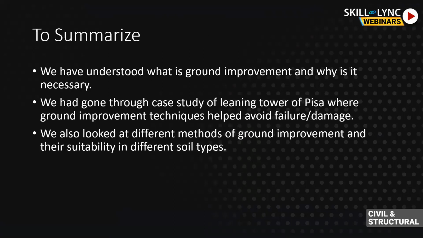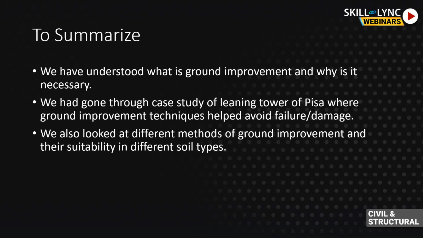Maybe to summarize, I think we have understood what ground improvement is and why it is necessary. We had also gone through the case study of the Leaning Tower of Pisa, where ground improvement techniques helped avoid failure or damage. We also looked at the various ground improvement methods and their suitability in different soil types.